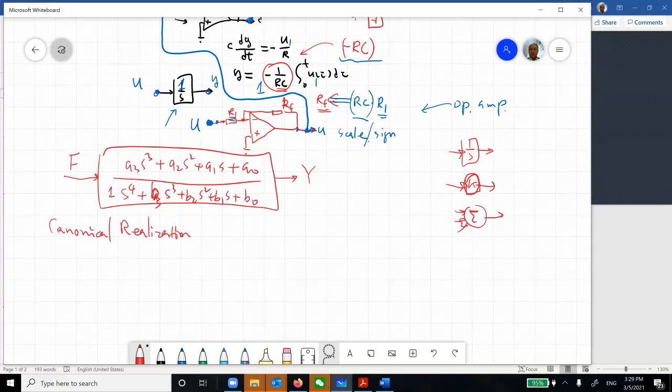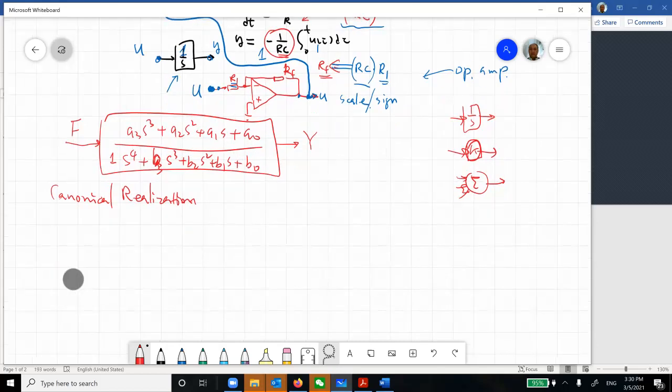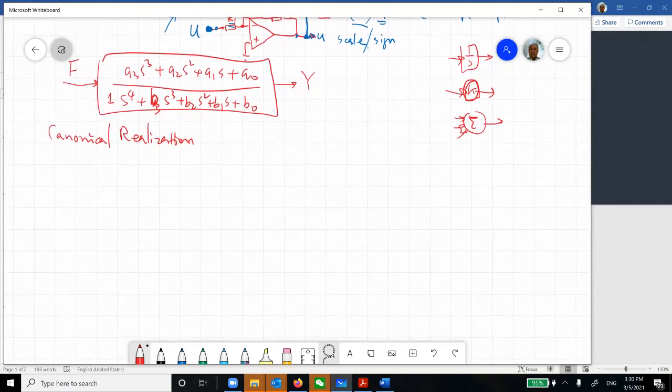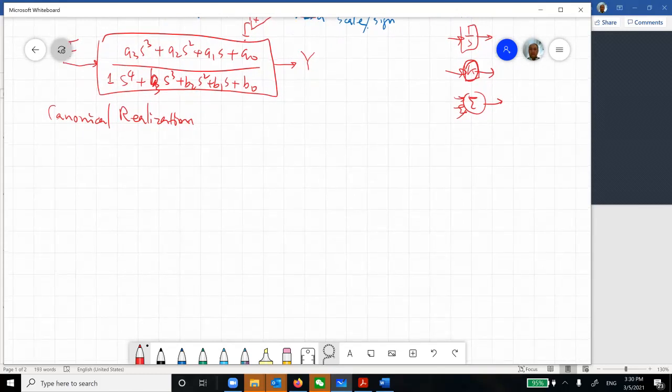Okay, so how to do that? If I just tell you, you will feel this is hard to remember. But if I walk through it with you, it is so nice.